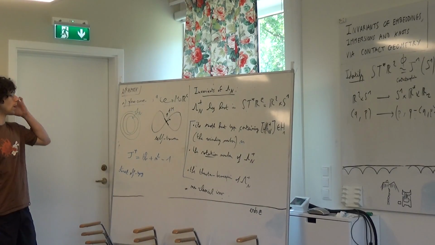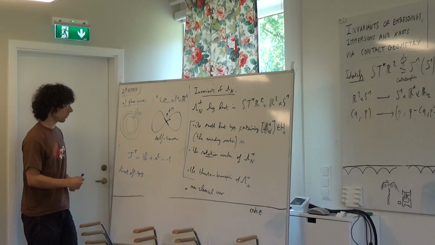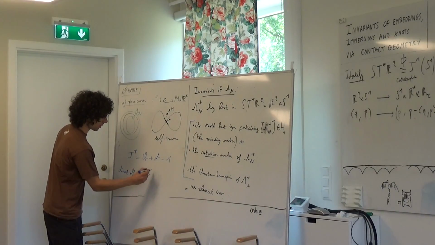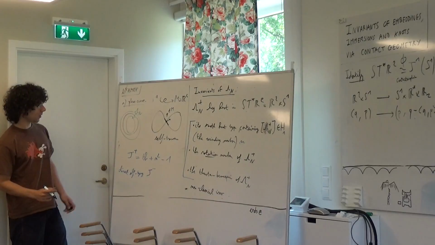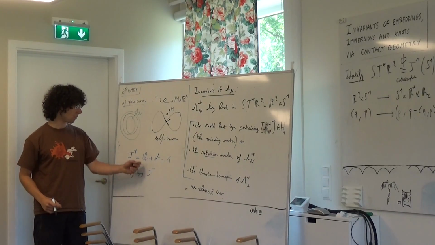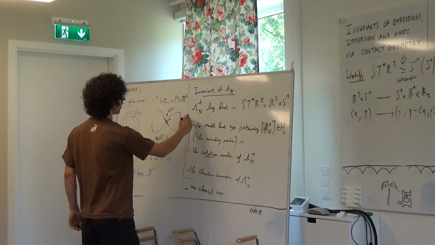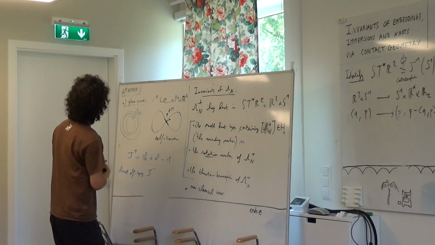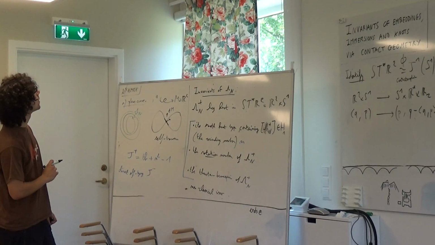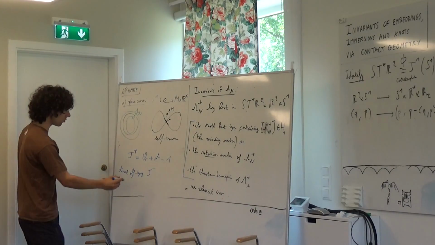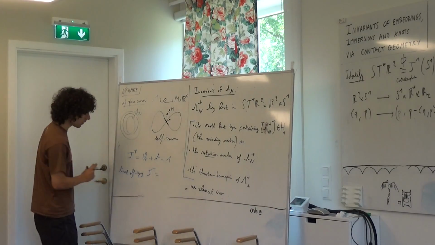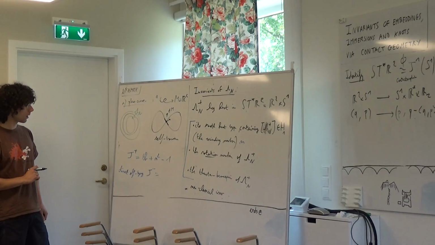And there are two other invariants. J minus is basically the same thing, but for I'm not too sure about J minus, but I think we can get it from the framing.